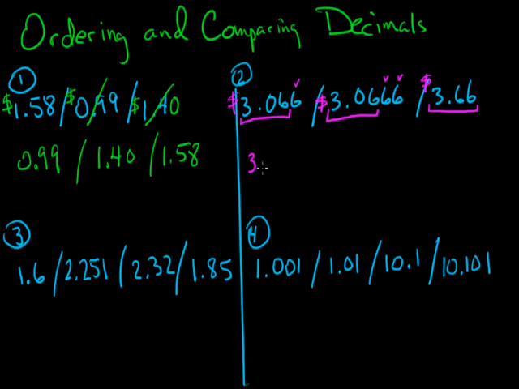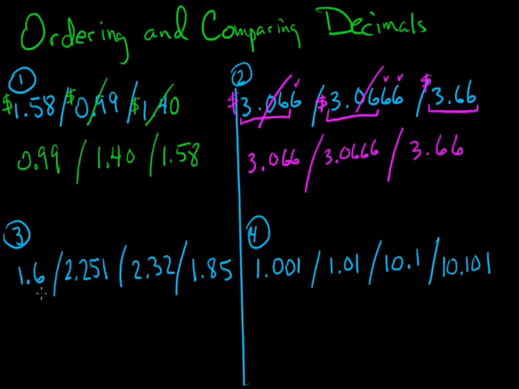So our smallest decimal is this, 3.066, or 3 and 66 thousandths. So we're done with that. The next smallest is the 3 and 666 ten thousandths. And then the biggest is the $3.66. So what's interesting here is the one with the fewest number of places is actually the biggest decimal.